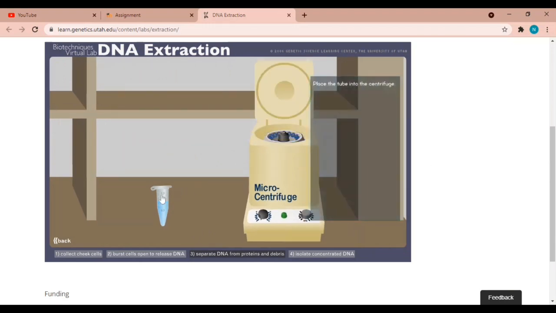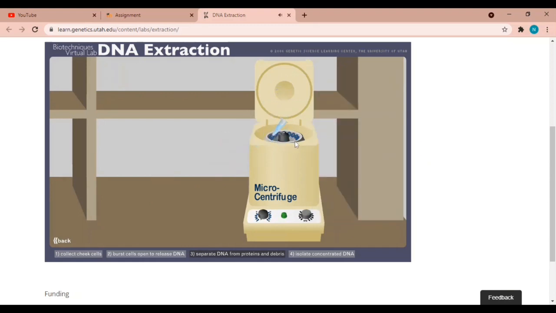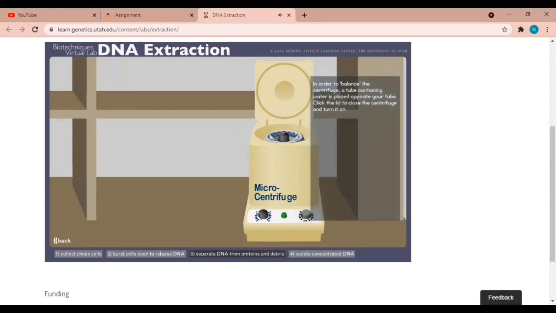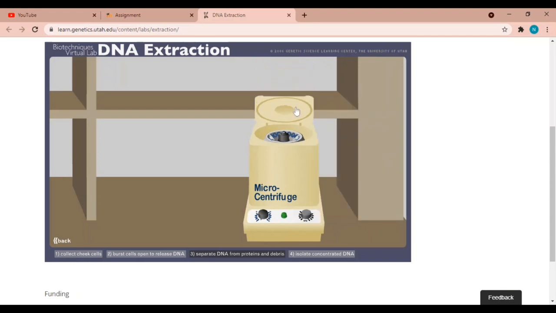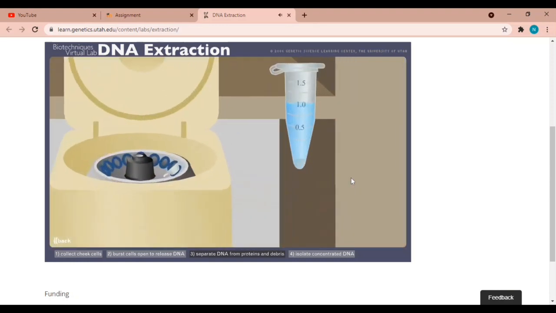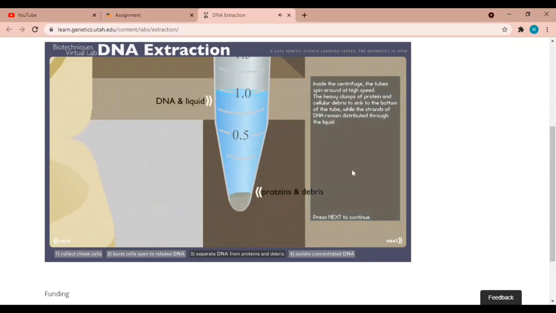Place the tube into the centrifuge. In order to balance the centrifuge, a tube containing water is placed opposite your tube. So click the lid to close the centrifuge and turn it on.